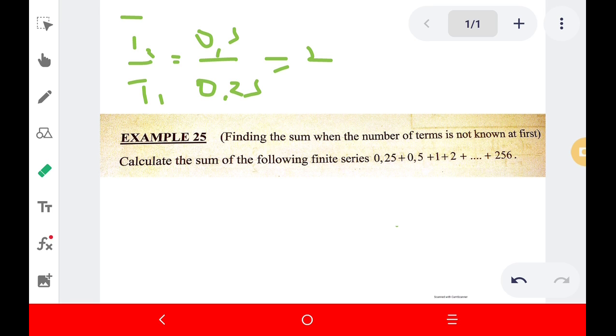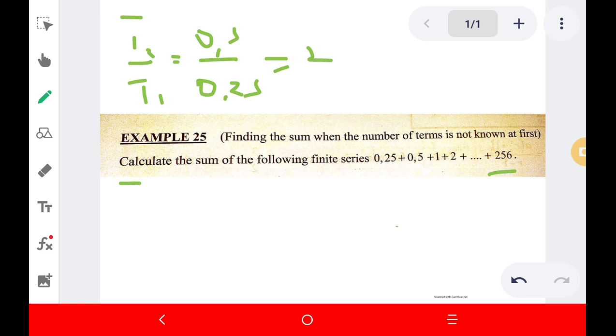Now, first and foremost, we are told to calculate the sum of the series, but we don't know how many terms there are. From our previous experience, we know that we are given the last term, which is 256. So we can try to get how many terms there are in this series.